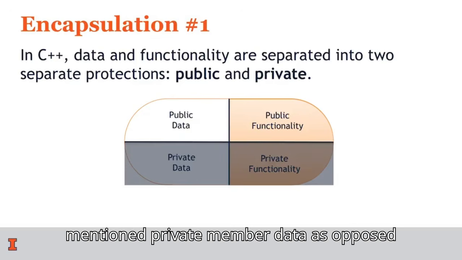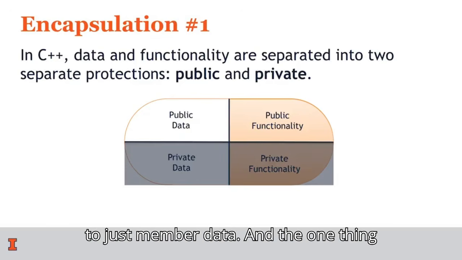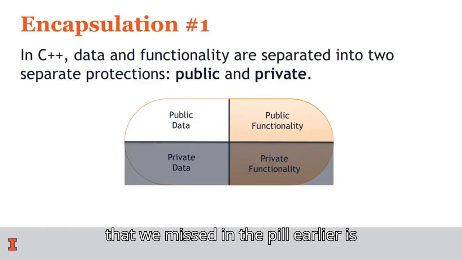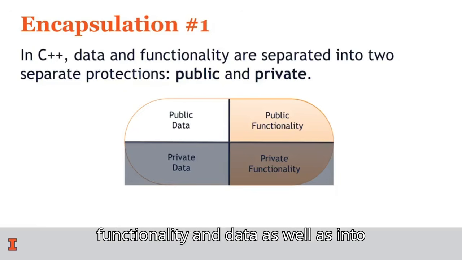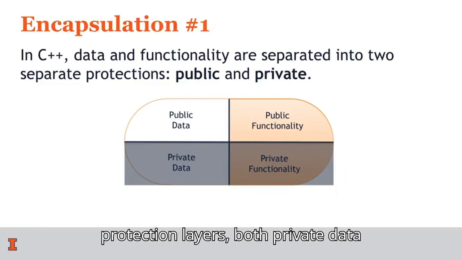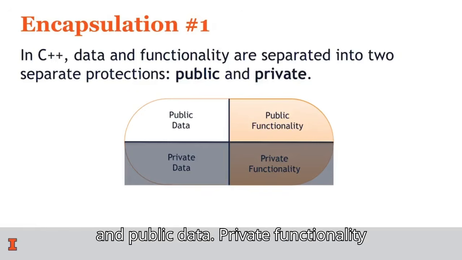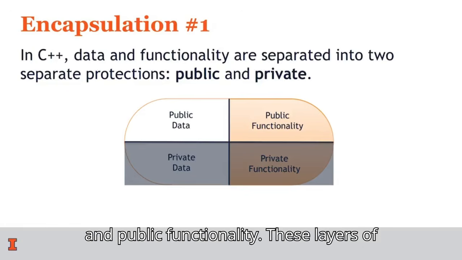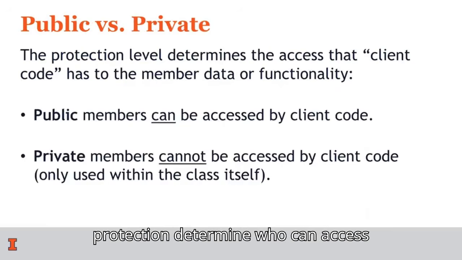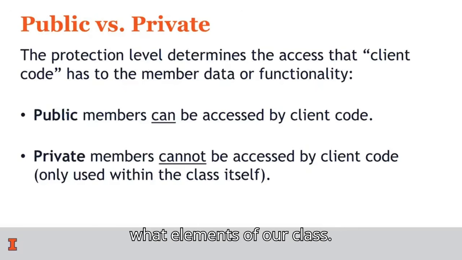I mentioned private member data as opposed to just member data, and the one thing that we missed in the pill earlier is that the pill is both divided into functionality and data as well as into protection layers, both private data and public data, private functionality and public functionality. These layers of protection determine who can access what elements of our class.